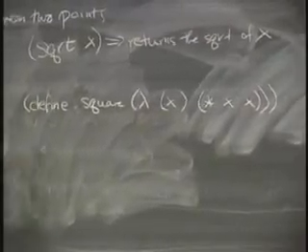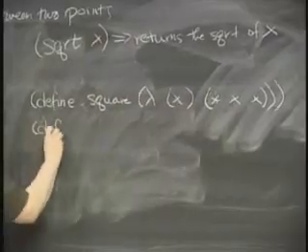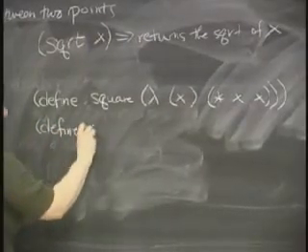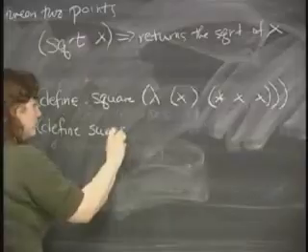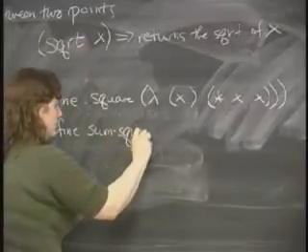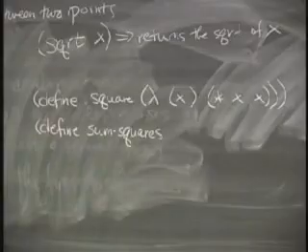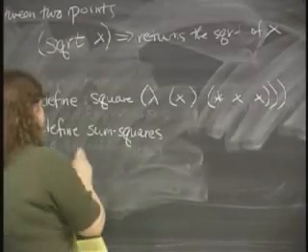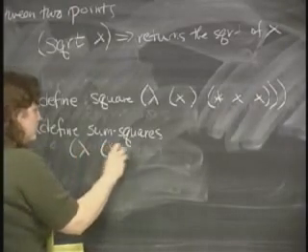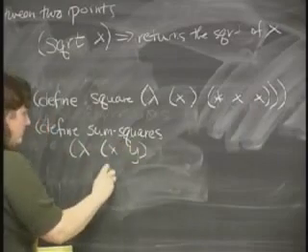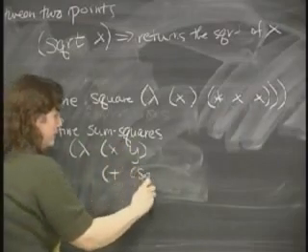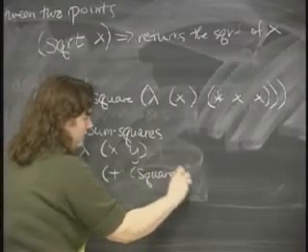So let's write a procedure called sum squares. So we're adding 2 squares together. How many variables? 2. Lambda x y. Add the square of x and the square of y.